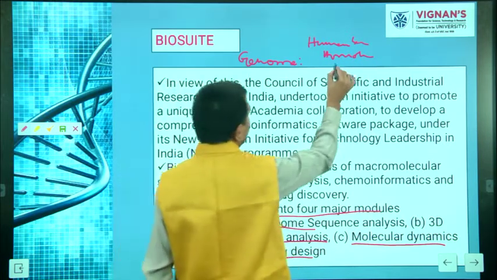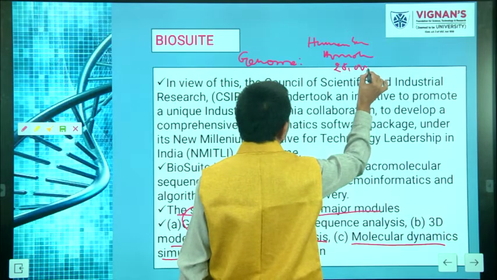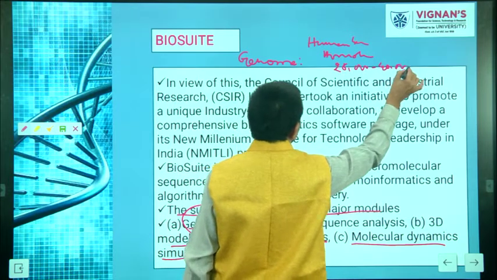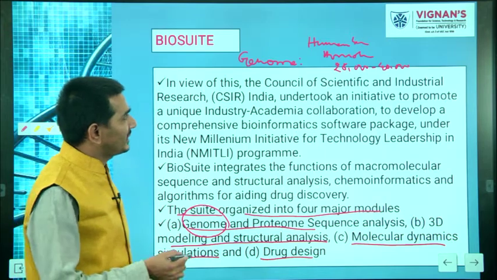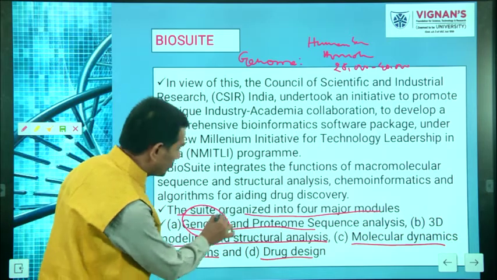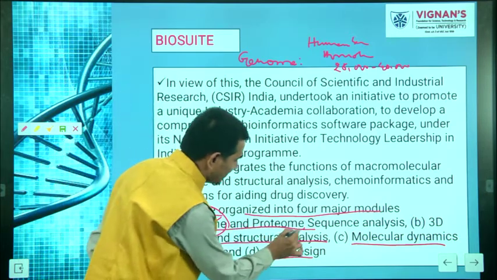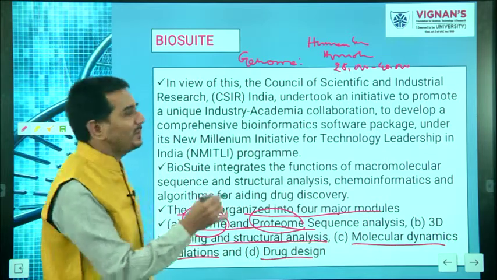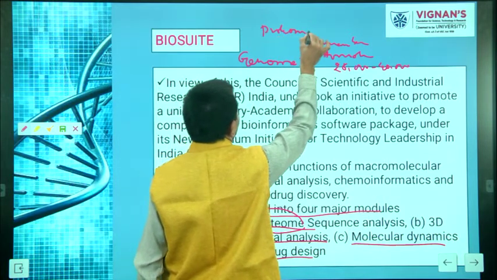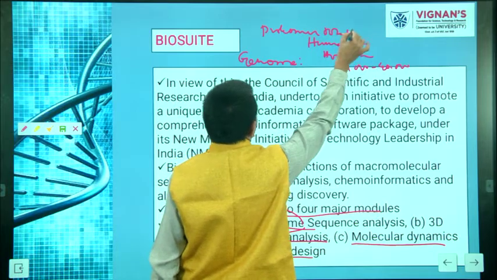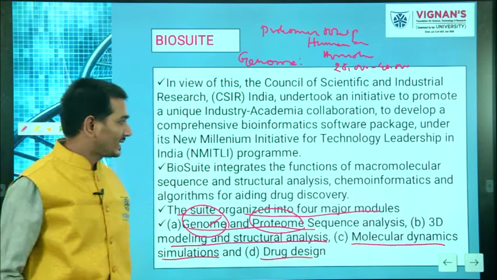Human beings have roughly around 25,000 to 40,000 genes. If you go for sequencing these 25,000 to 40,000 genes of a human, then it constitutes the genome. Similarly, the next is proteome. Proteome is defined as the total protein content of an organism.